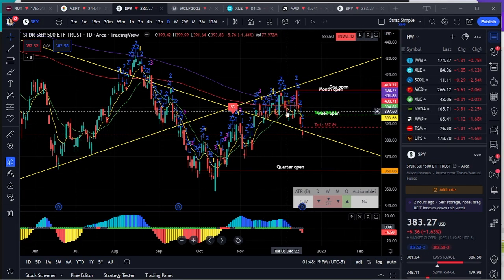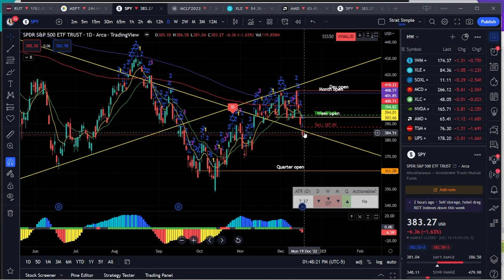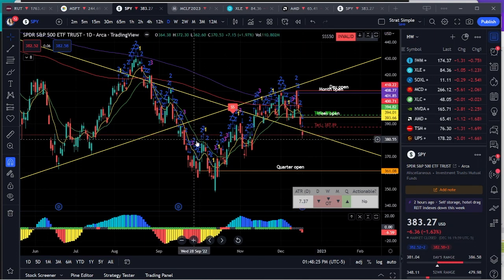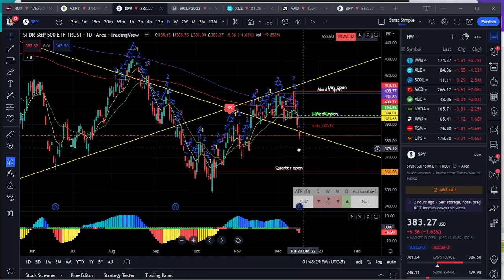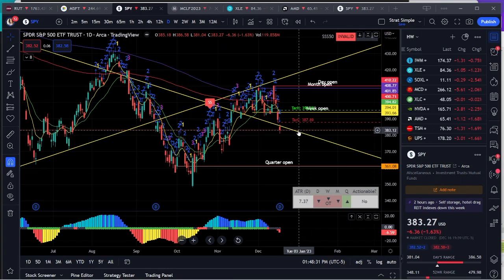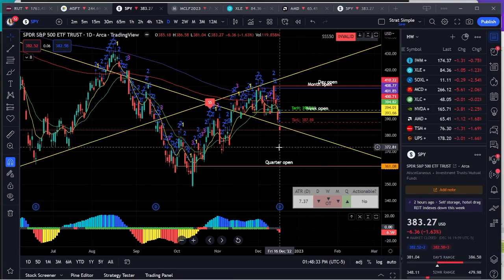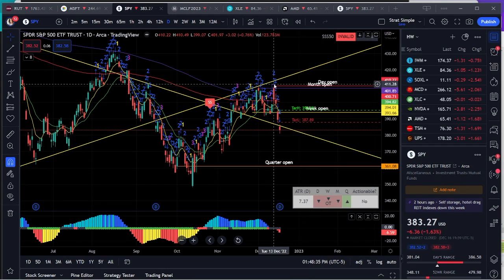Maybe not as long as how we did here, but just because of the gap we just created and where we are, I can definitely see us ironing this area out before we make the next move, either lower or higher.